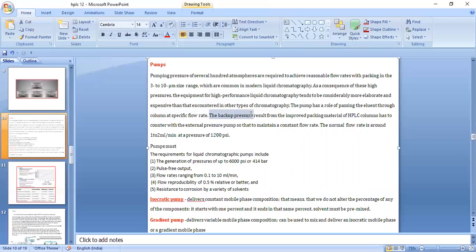Second, the back pressure resulting from the improved packing material of HPLC columns has to be countered with an external pressure pump so that they maintain a constant flow rate.